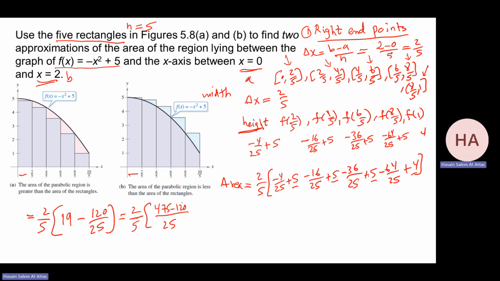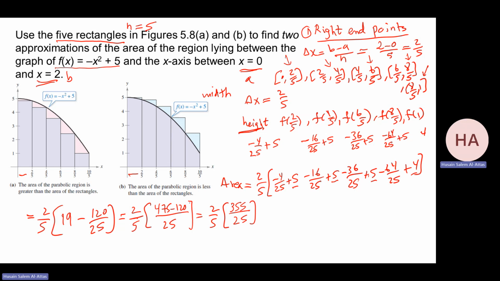So that will be what? Will be 2/5. Okay, 475 minus 120. That will be 355/25. Correct? Yeah. Okay.